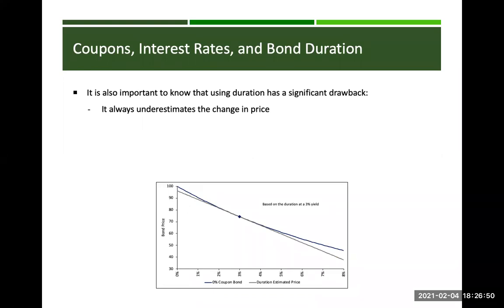And that's the problem. Duration gives us a measure of the steepness of the slope, because the slope is negative but duration is always positive. It's a measure of the steepness of the slope of this curve, but only at a specific point.